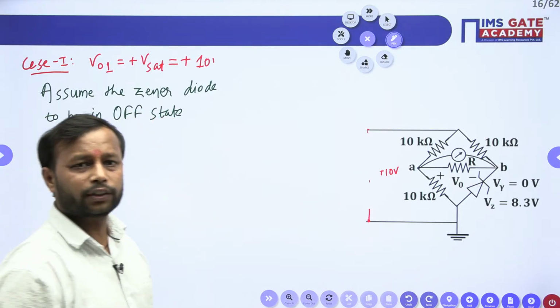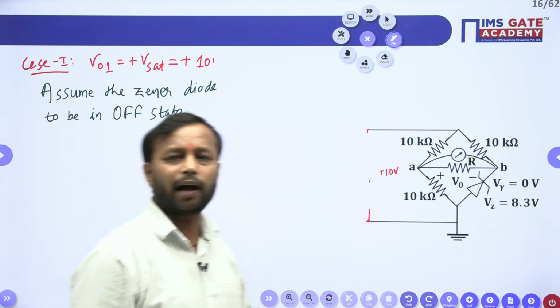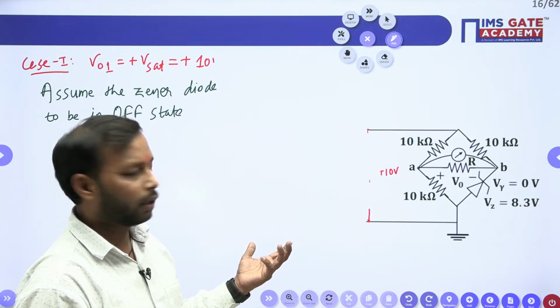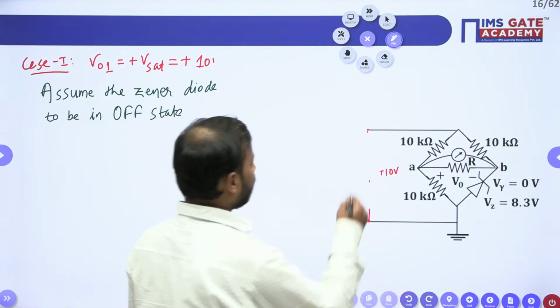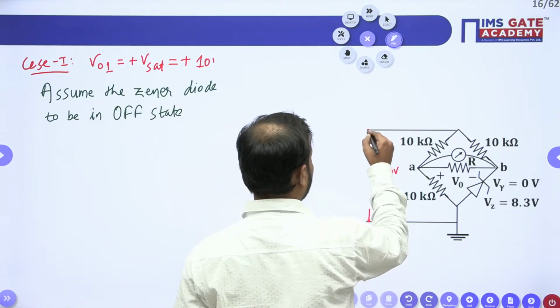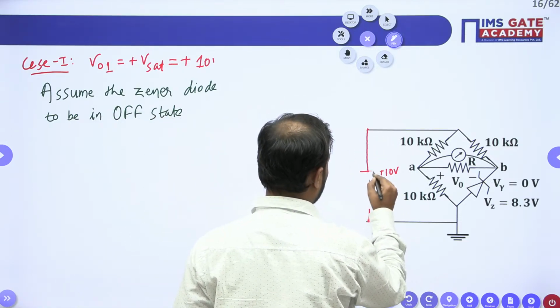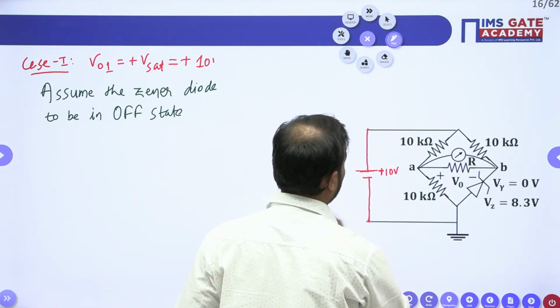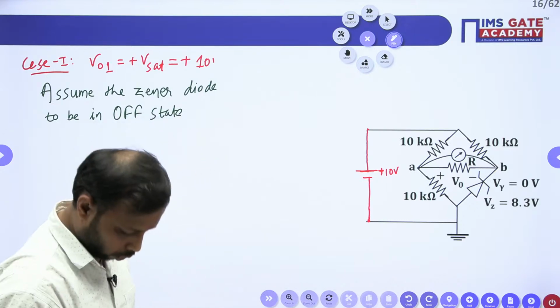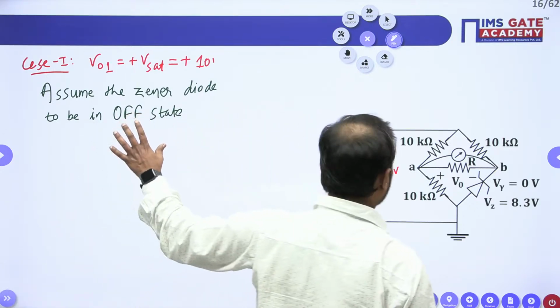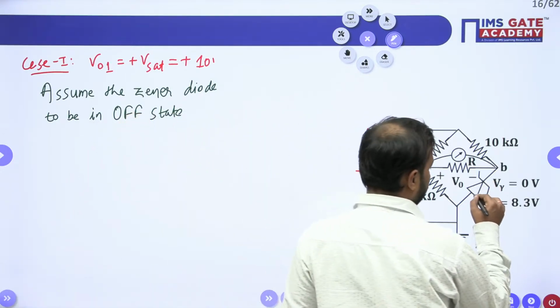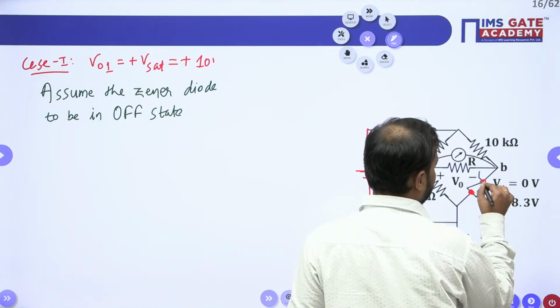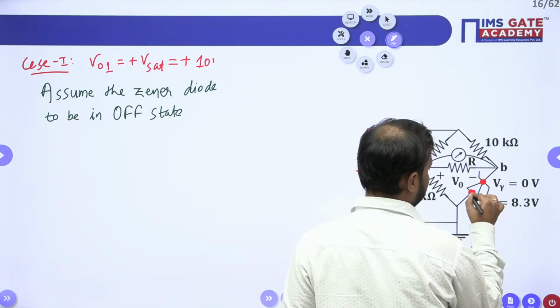All right, off state means I have assumed that my Zener diode is open circuited. All right, this is plus minus V10. So off state means this is open circuit.